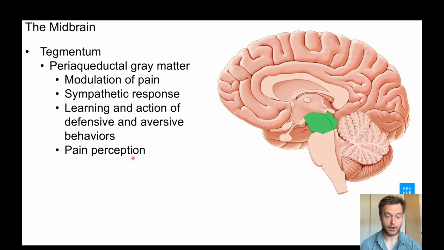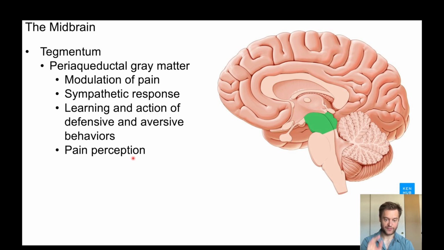So we have the periaqueductal gray, which is important for modulation of pain, your sympathetic response to pain, and learning defensive and aversive behaviors and pain perception. So actually, the periaqueductal gray will facilitate or suppress pain.